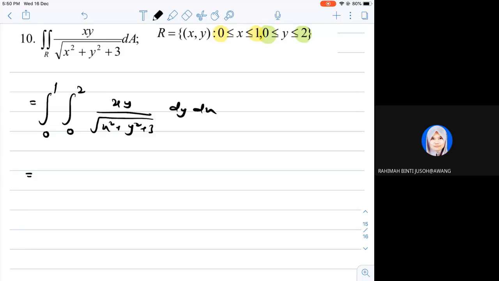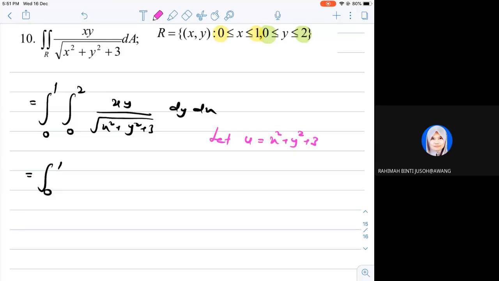Okay, so we are now integrating with respect to y. So what are the constants? x. x is the constant. Okay, guys, we need to make a substitution. We let u equal x squared plus y squared plus 3.